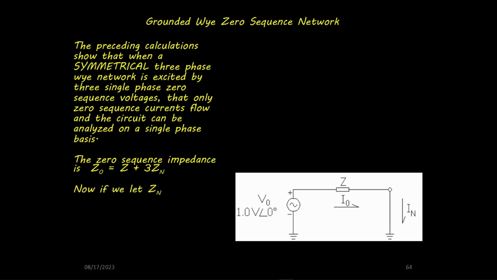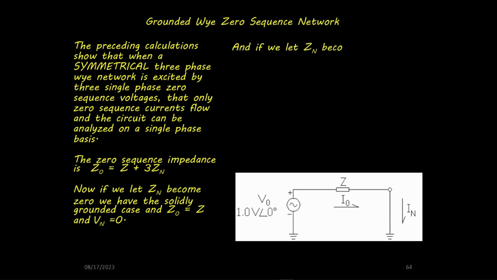Now if we let Zn become 0, we have the solidly grounded case and Z0 equals Z. The neutral to ground voltage, Vn, is equal to 0. And if we let Zn become infinity, then we will have the ungrounded case and I0 equals 0, and the neutral to ground voltage, Vn, is equal to V0.